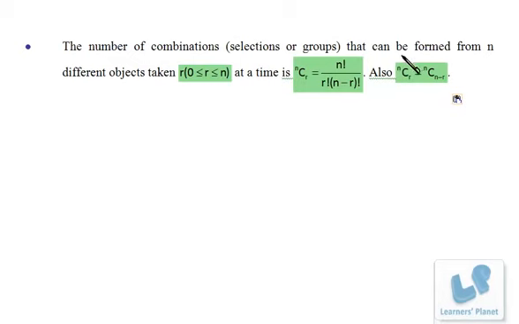Now the number of combinations that can be formed from n different objects taken r at a time is nCr, that is n factorial by r factorial into n minus r factorial, right? Suppose you have 5 friends, and out of these 5 friends you wish to choose 2 friends, right?